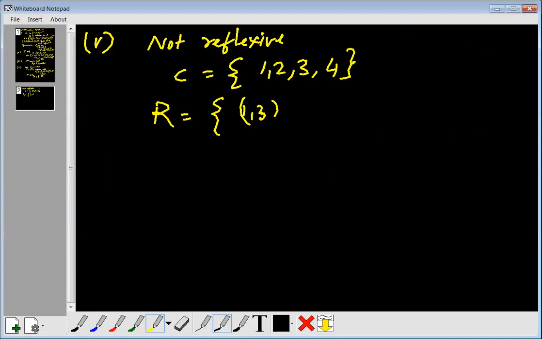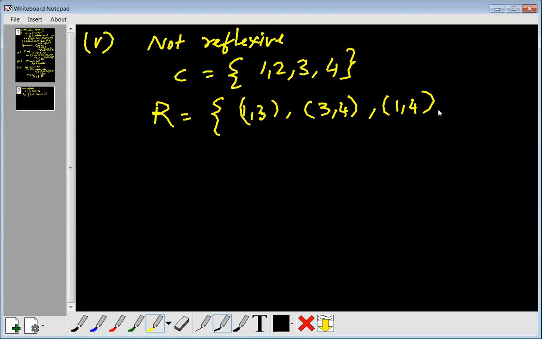Symmetric and transitive, but not reflexive. For symmetric, let us take (1, 3), and say (3, 4). Then we have (1, 4). So (1, 3) is there, (3, 4) is there, and then (1, 4) is there. Okay. So this is transitive.